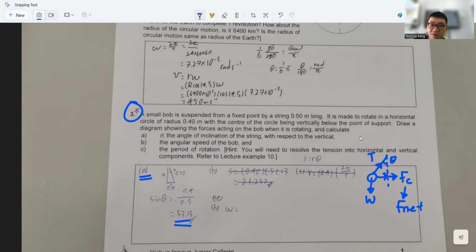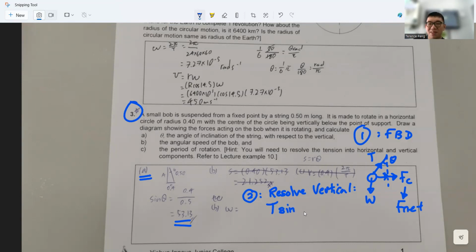So this is step 1, free body diagram. Step 2, come out with your equations. Let's look at the vertical one. Resolving forces vertically, what's the equation? T sine?